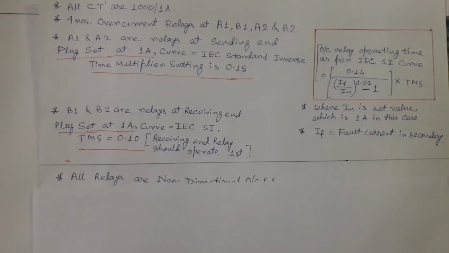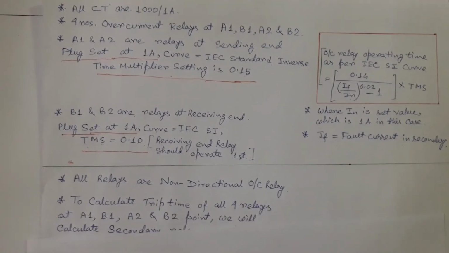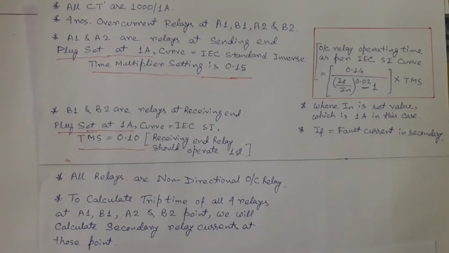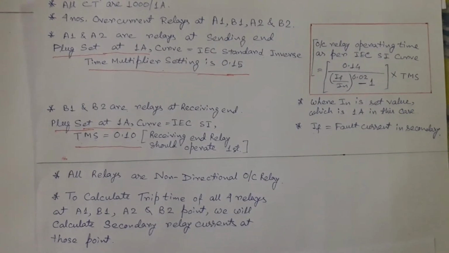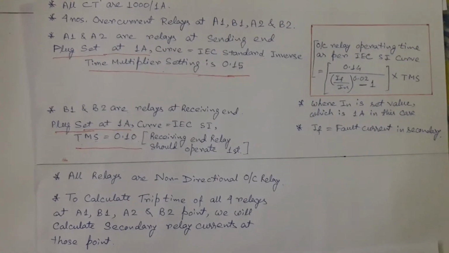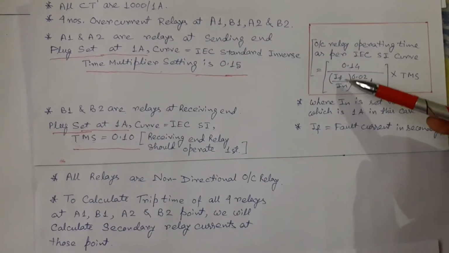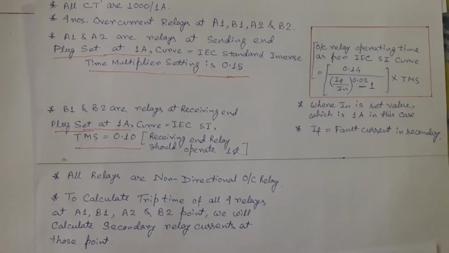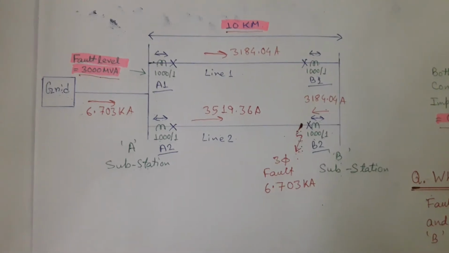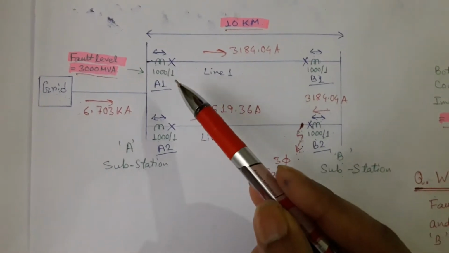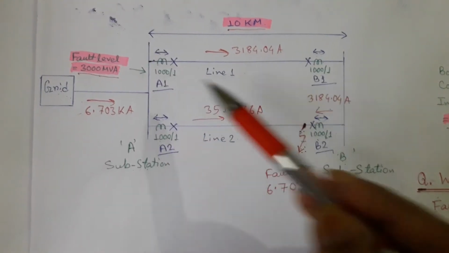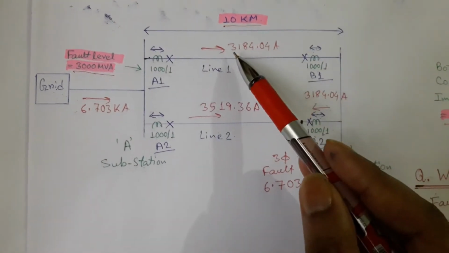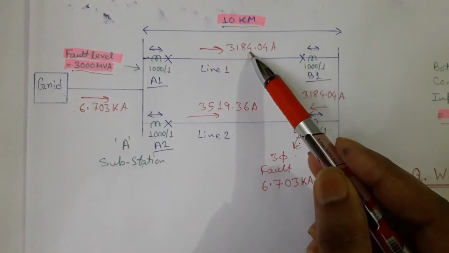So to calculate trip time of all four relays at A1, B1, A2 and B2 points, we will calculate secondary relay currents at those points, because secondary relay current is required to calculate trip time of a relay. From the single line diagram, we can see that fault current at A1 and B1 are same and they are 3184.